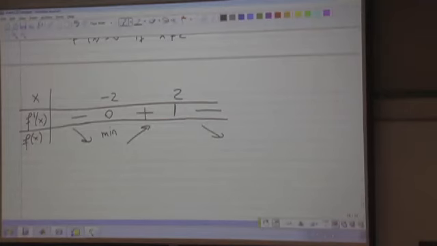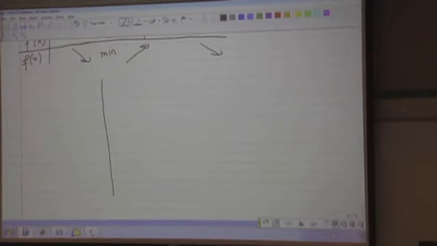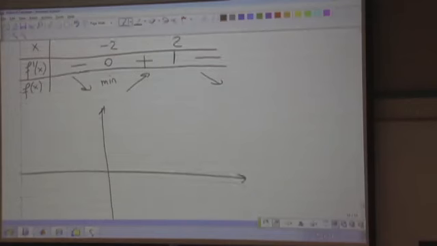What else do I know? Second derivative is positive everywhere except at 2, right? Which basically means your function is concave up at all times, right? So how would the graph look like? If I assume 2 is a vertical asymptote, which I don't have to assume, okay?